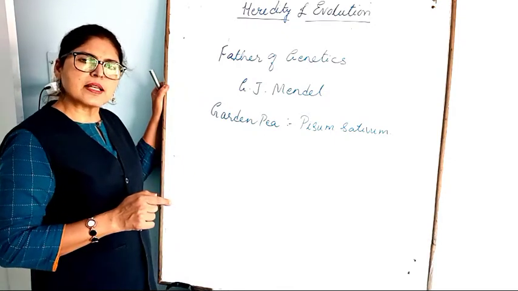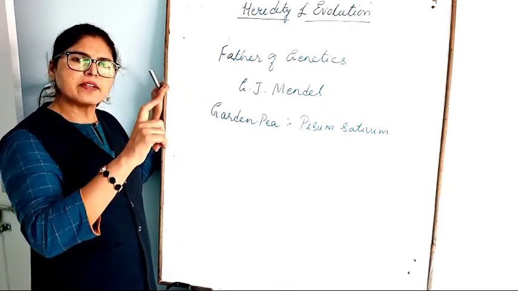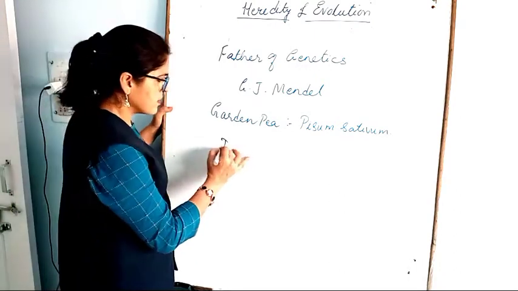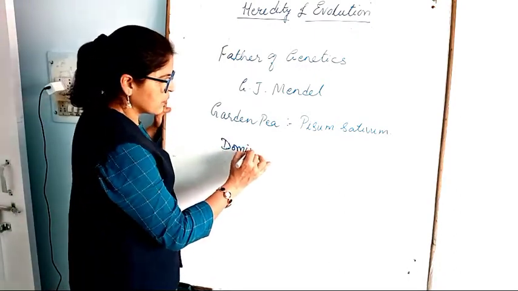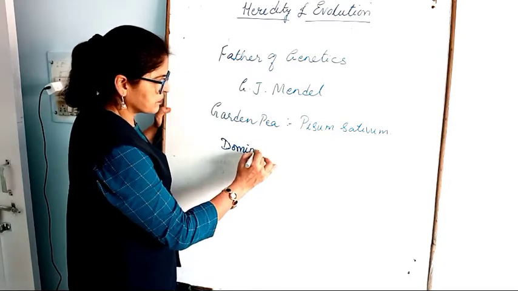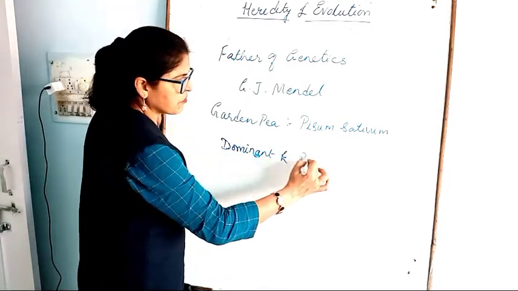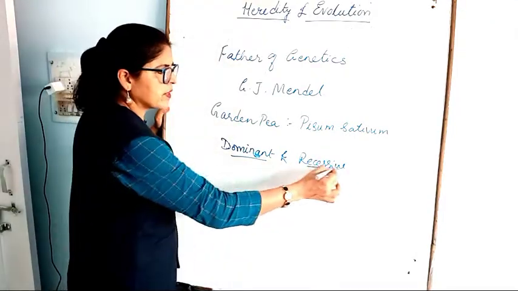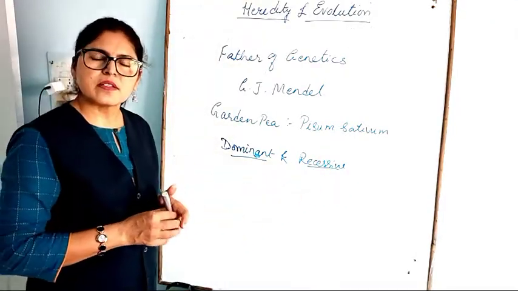Now when Mendel selected this plant, he divided the characters into dominant and recessive forms. So what are dominant characters and what are recessive characters?